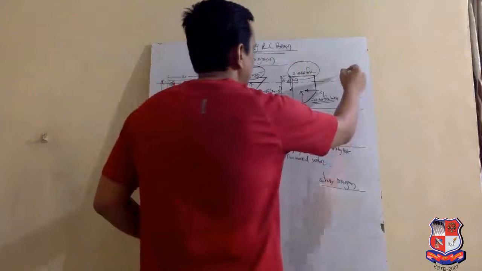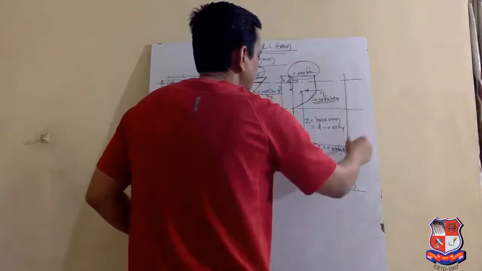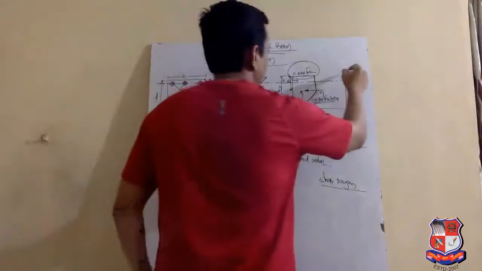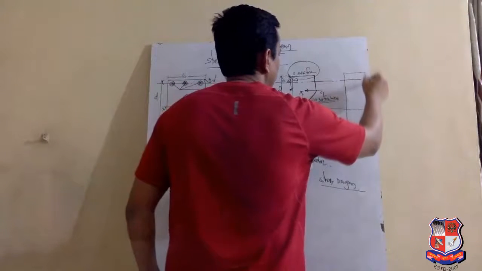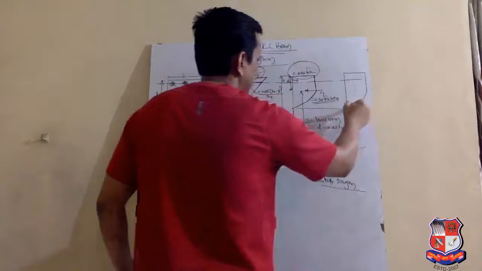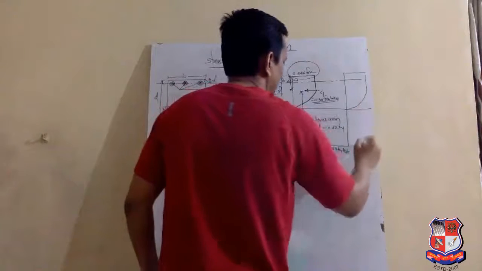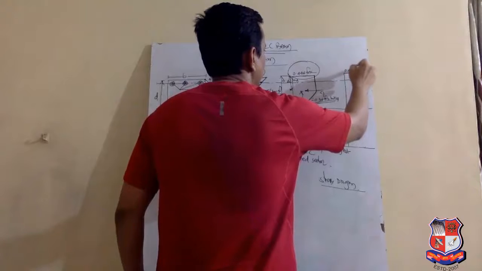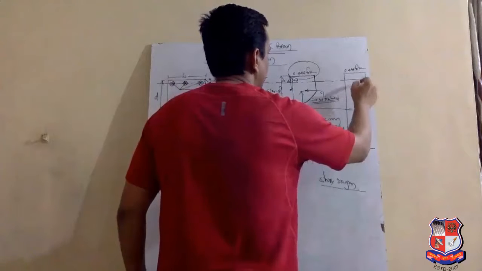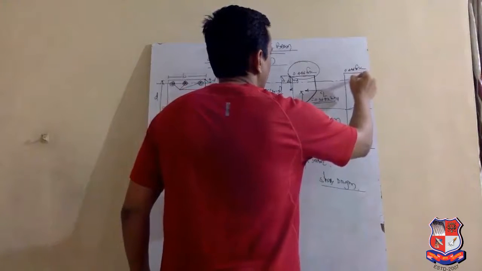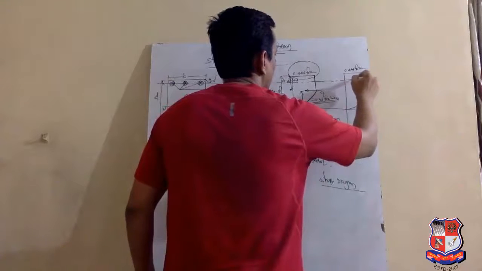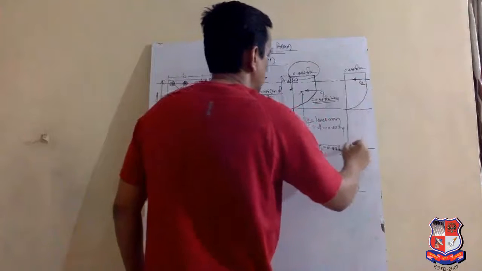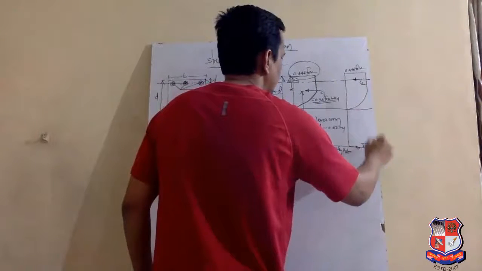Now let us see the stress diagram of the auxiliary section. The diagram remains the same, but the values change. Maximum stress is 0.446 fck. This is C2 and this is T2.